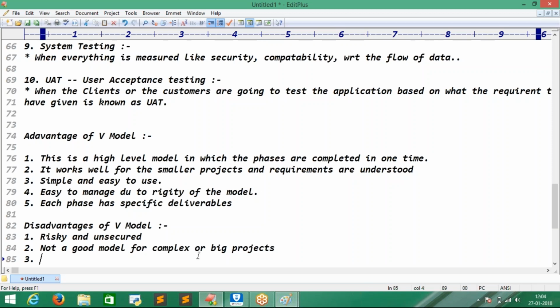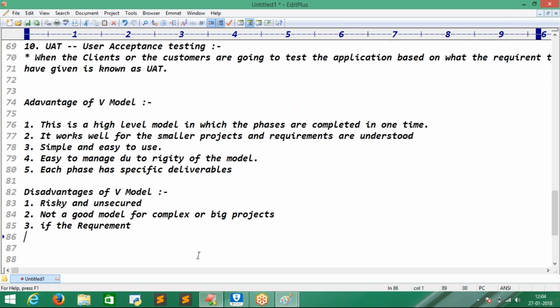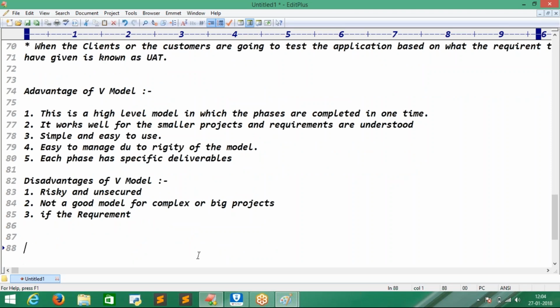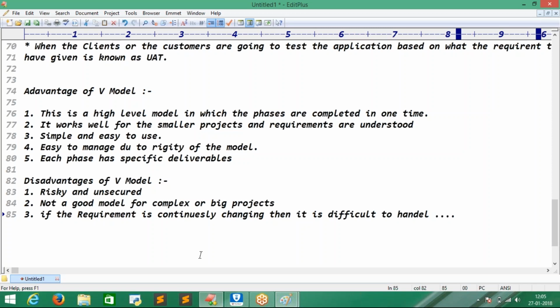If the requirement is continuously changing, then it is difficult to handle in this particular phase.